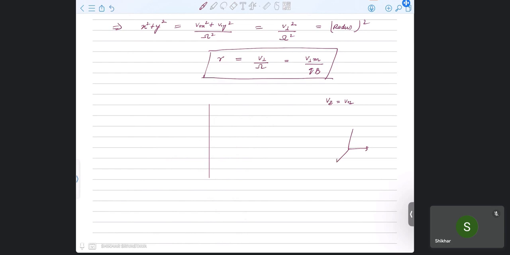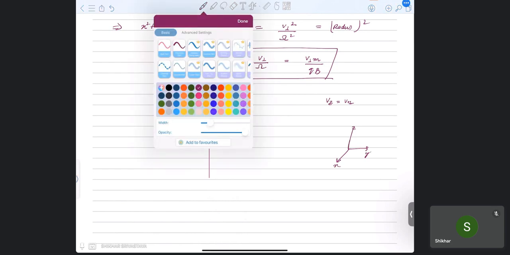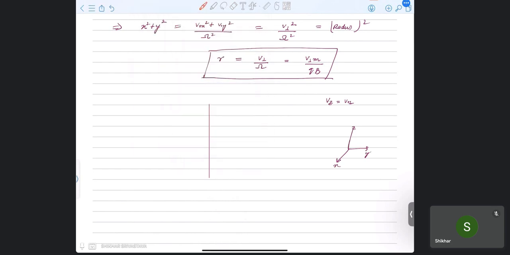This is your x, y, z. So the particle is moving with constant speed in this z direction. Okay, and it's also moving in the xy plane. It is moving in a circle. So the kind of motion it will have is some sort of, let me draw it.